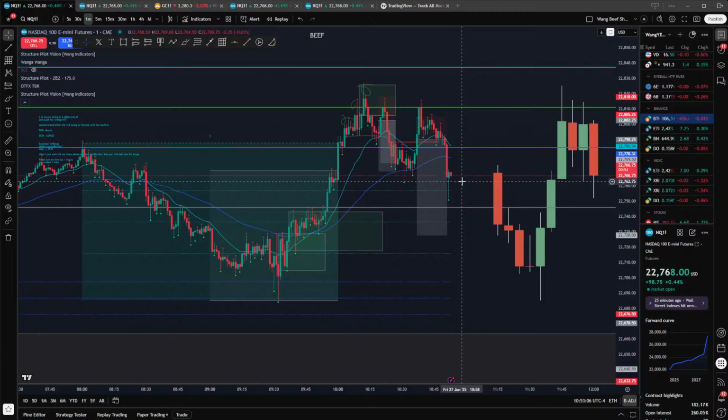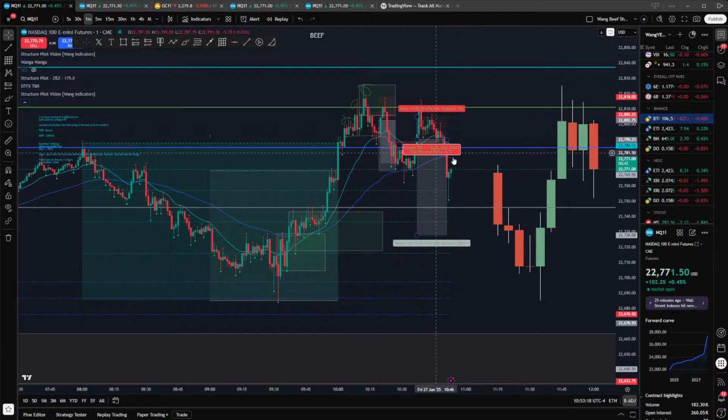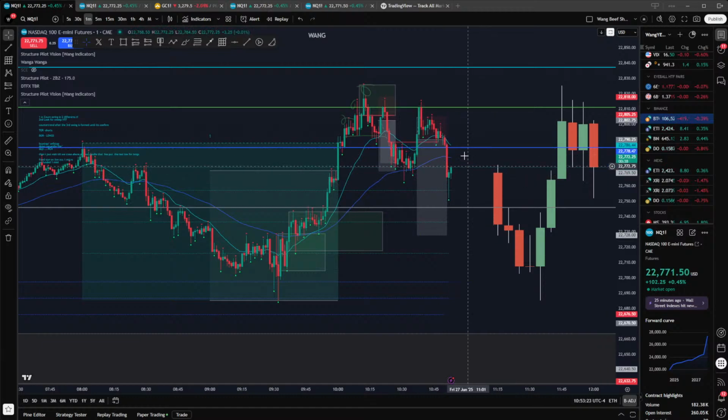Let's see if we can sweep the high of the candle with the wick and still trade below. It can go above here, tap into something, into the imbalance or something, and still trade below. If not, we're looking for higher prices.